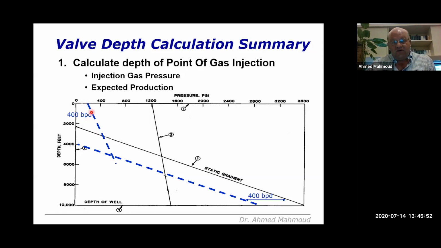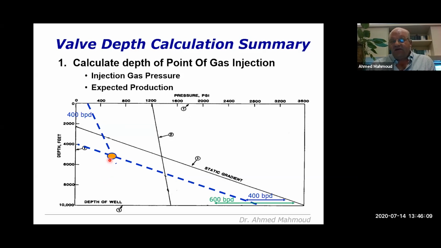Once I draw this 400 barrels per day line and the drawdown line parallel to the static, I will have a point of intersection, and we will keep this for now.